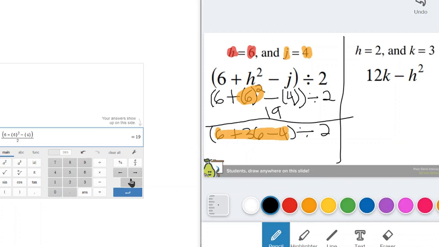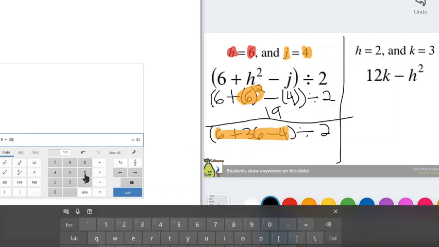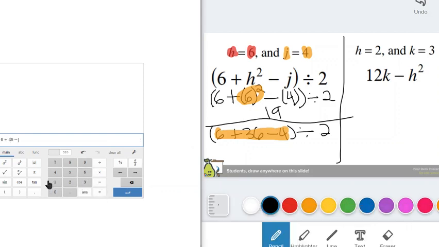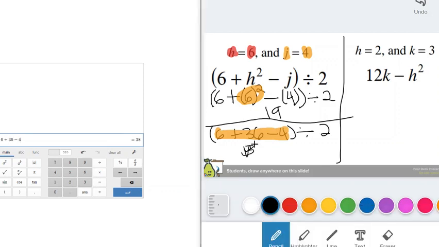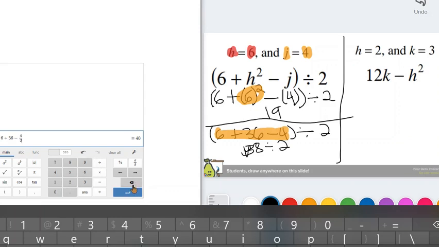Oh, I have my calculator. I don't have to think. That's 38, so I was right, 38. Divided by 2. Mistake.